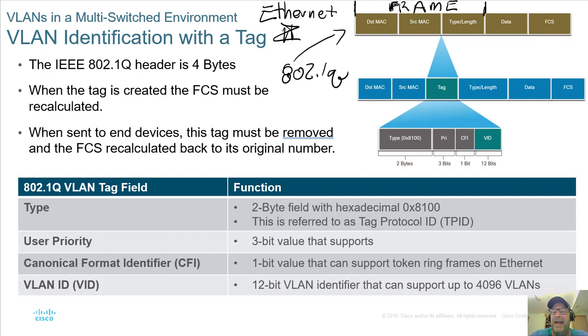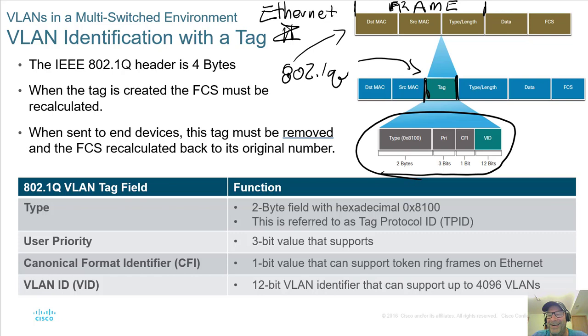And the only thing that's different is this tag value here adds this piece. And this piece right here, what you should see here is type, or over here it says VID. VID stands for VLAN ID, which is going to be like 10, 20, 30, those other numbers that we saw.